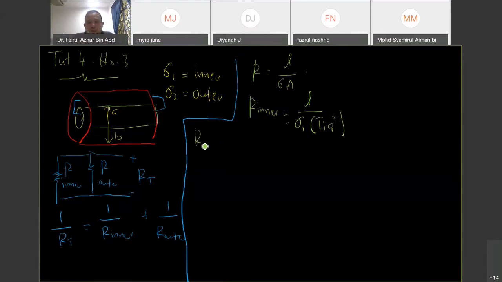For the outer, R outer is equal to L divided by sigma 2, the conductivity of the outer conductor, multiplied by the area.